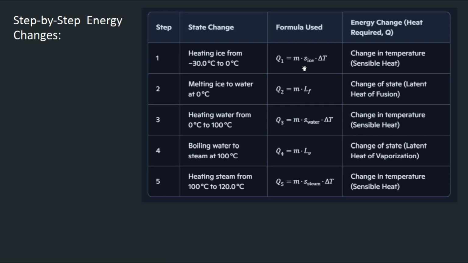Sorry, I've used a different representation. Instead of C, I've used S over there. So you have your specific heat capacity values of ice, water, and steam. You can see there are different values. Again, instead of C, I've used S. And this is your latent heat.